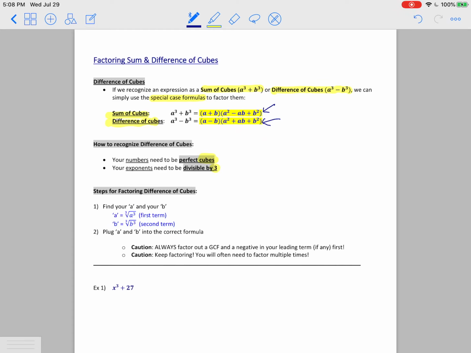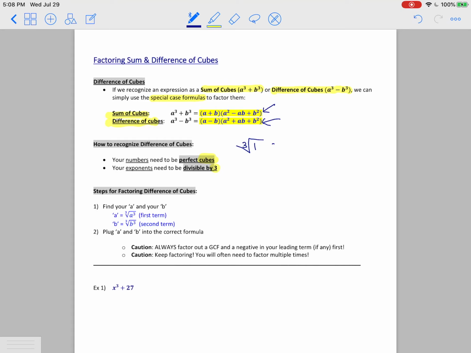Let's talk briefly about a perfect cube. Remember when we talked about perfect squares, those were numbers that when you take the square root of them, you get an integer, so no decimals. Perfect cubes are the same sort of thing, but we take the cube root, so we show it like this.